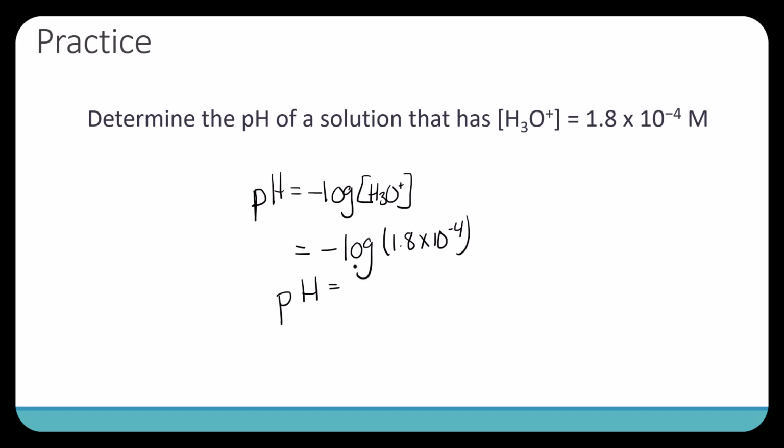And we get 3.74. So very quickly, we can take a number that doesn't really mean much to me, 1.8 times 10 to the negative 4th, throw it into our calculator, and I get a pH of 3.74.